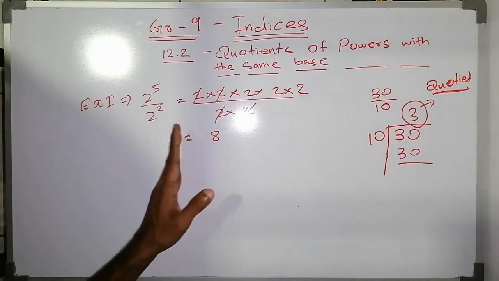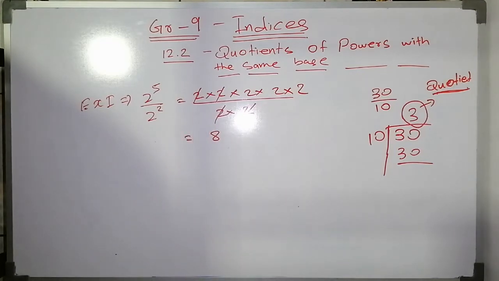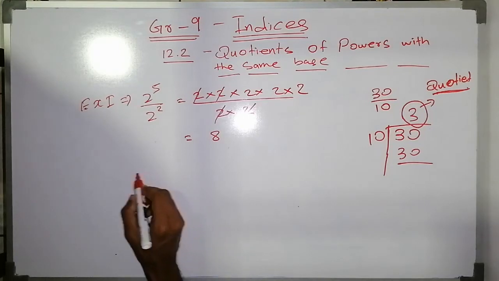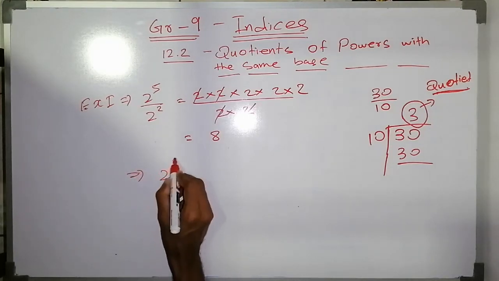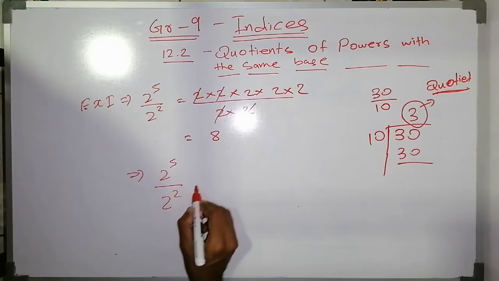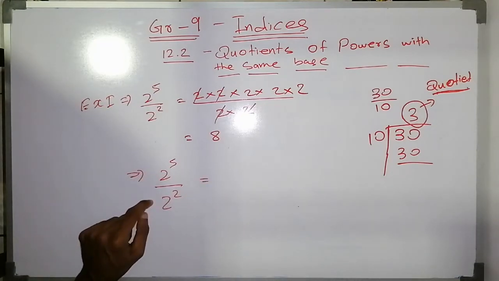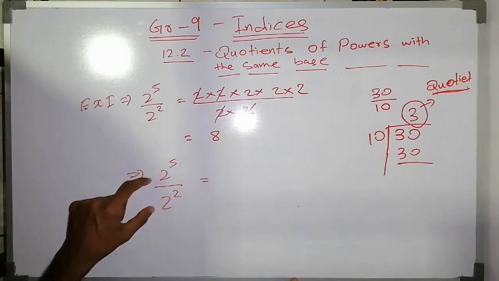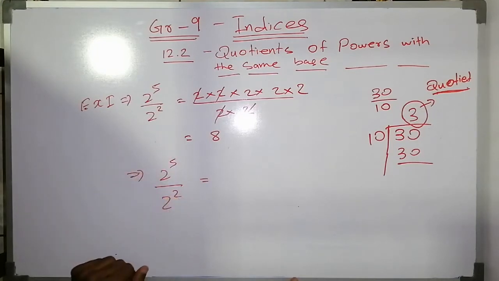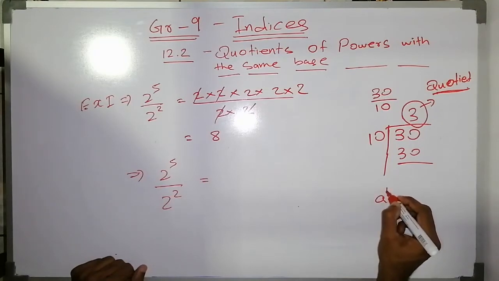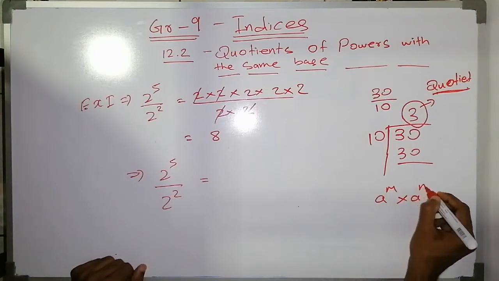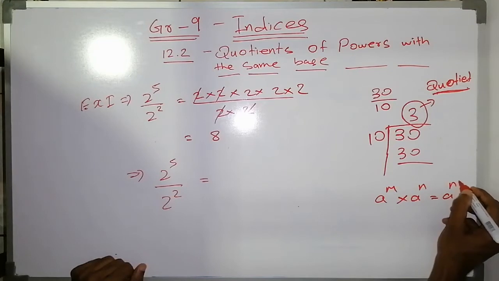We don't want to expand the numbers, we can easily do it with the law. So what is the law here? 2 to the power 5, 2 to the power 2. When you have same base division, you should subtract the index. In the previous same base multiplication, we add the index.